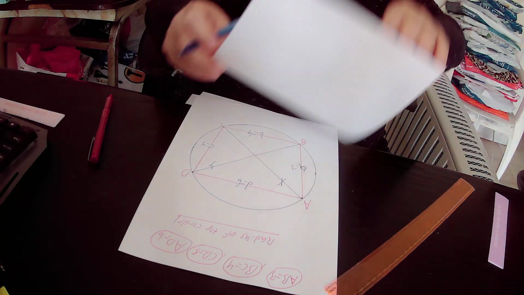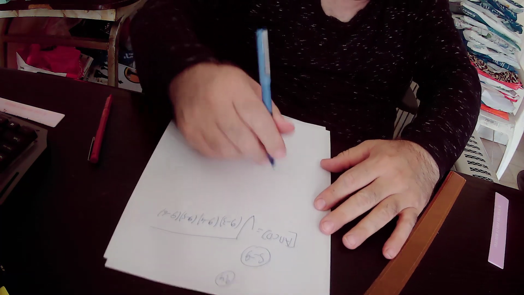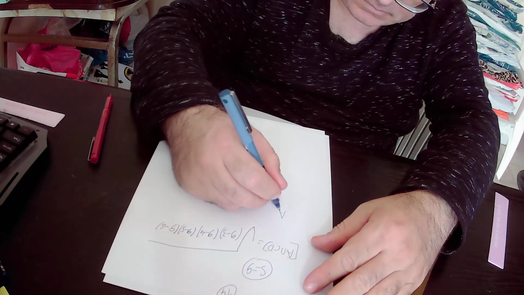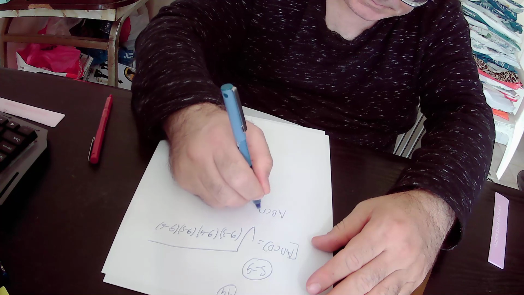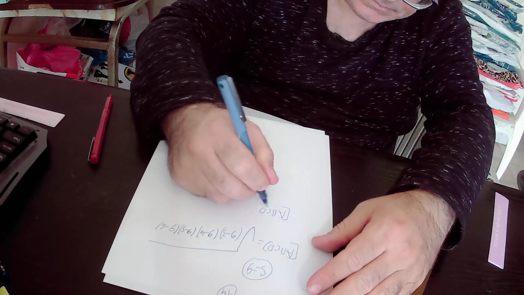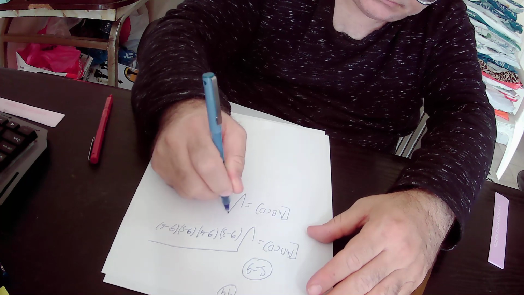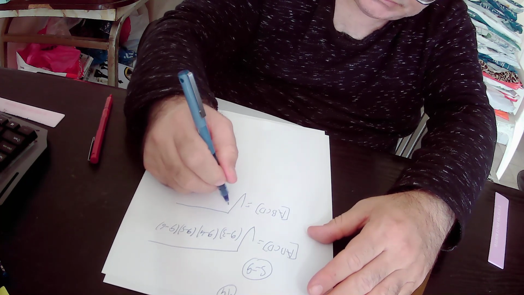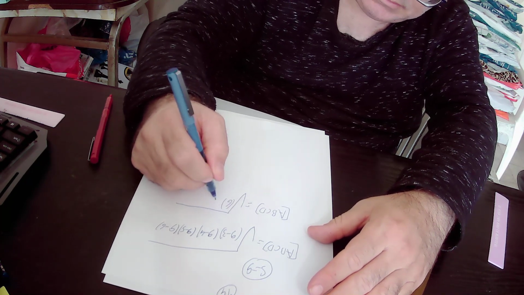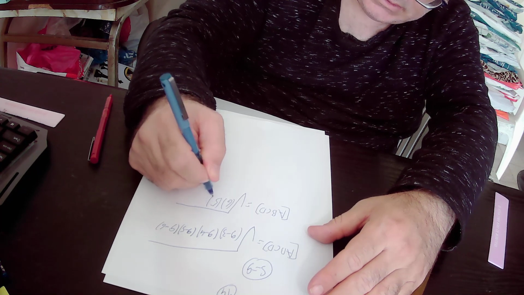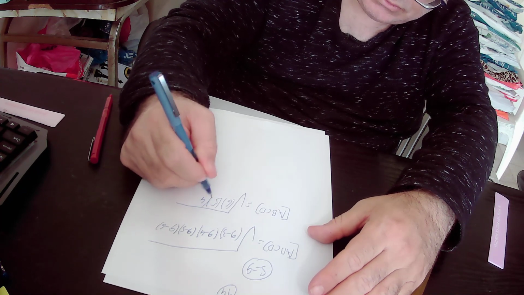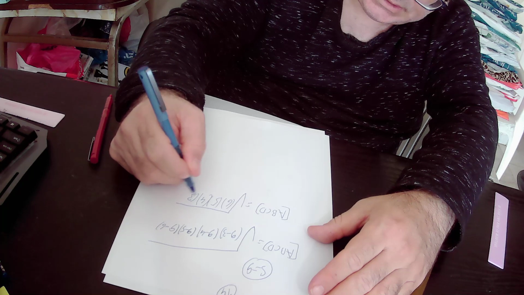So the area of quadrilateral ABCD equals the root of 9 minus 3 is 6, 9 minus 4 is 5, 9 minus 5 is 4, and 9 minus 6 is 3.